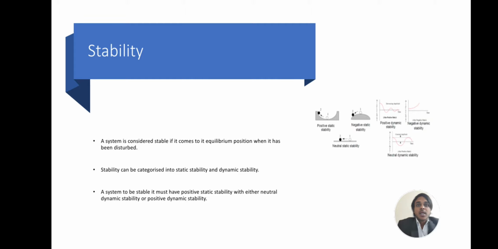In contrast, if the aircraft increases the distance from its balanced position over time, it is considered to have a negative dynamic stability. If the aircraft oscillates, neither closing into the balanced position nor moving away from it over time, it is called neutrally stable.